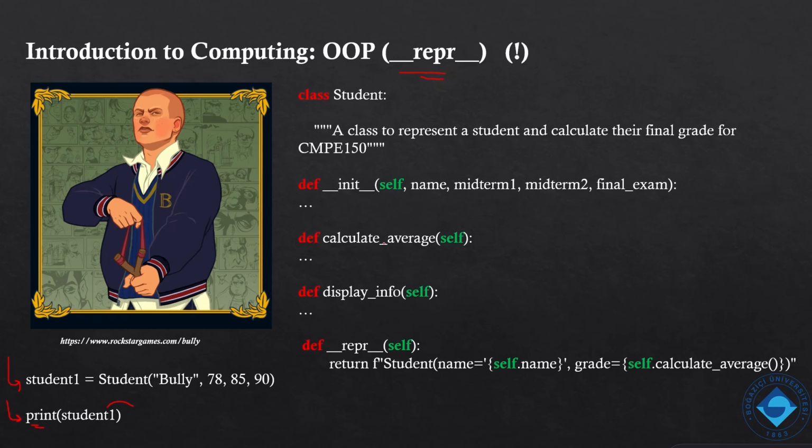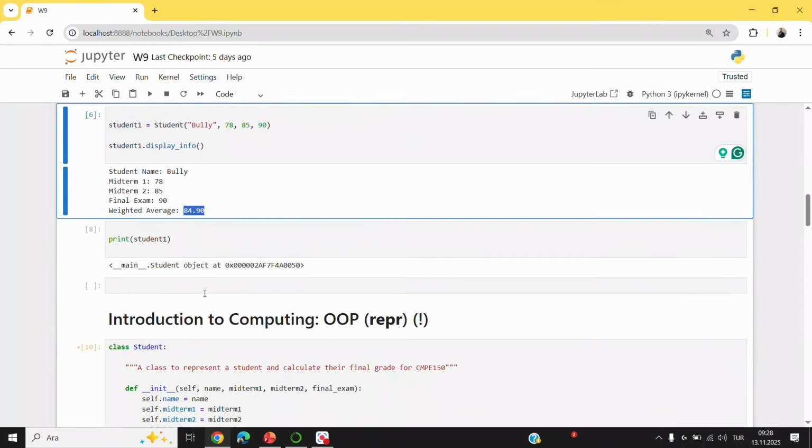Let me explain more. If I write print my object name here, I want to see all information like student name, maybe average score, instead of the class name. I can go under my class and use the representation function here. Then I can customize it, right? Let's go to Anaconda and see how it works.